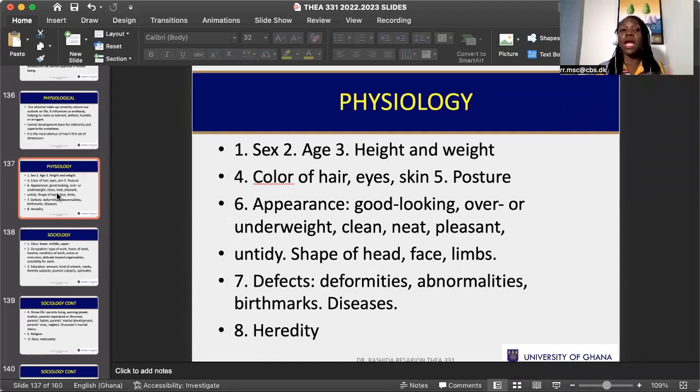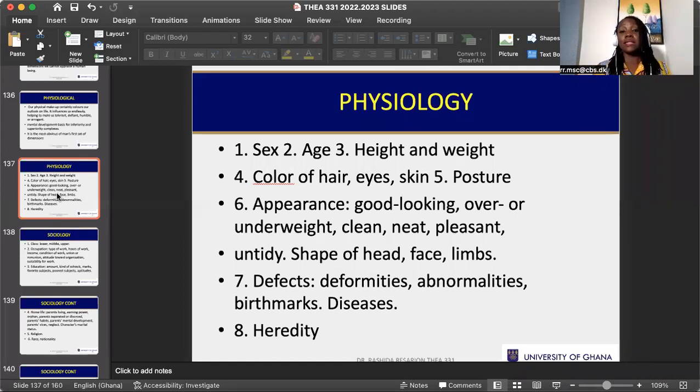And so a person's physiology is made up of the person's sex, age, height, weight, color of hair, eyes, skin, the person's posture, whether the person is good looking, whether the person is overweight, neat, or untidy, pleasant, the shape of the person's face, like whether the person has any deformities or abnormalities or any birthmark on their face, whether the person has a sickness, whether the person has inherited certain things that have given the person the kind of physiology he or she has.